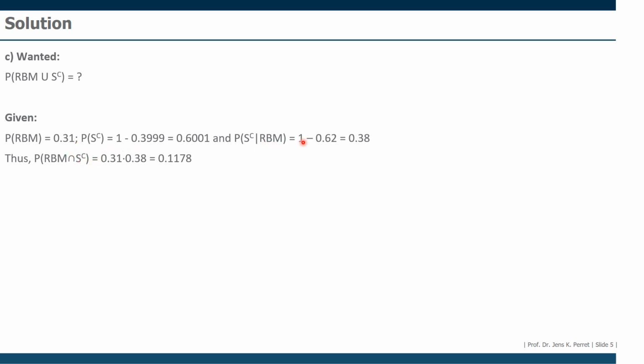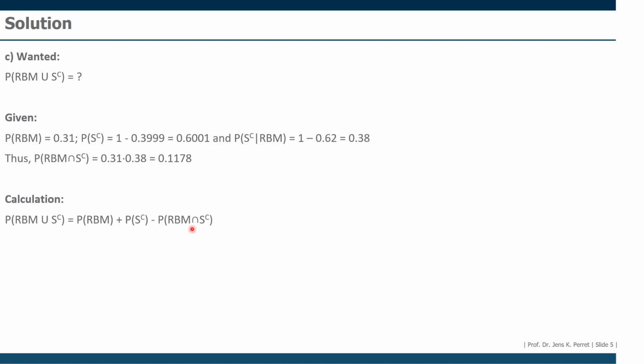So those two values multiplied gives us the probability of both events taking place at the same time. That more or less follows from our decision tree. So here we get as this probability 11.78%.